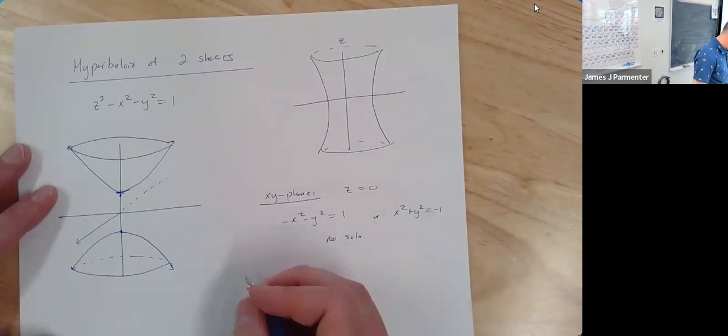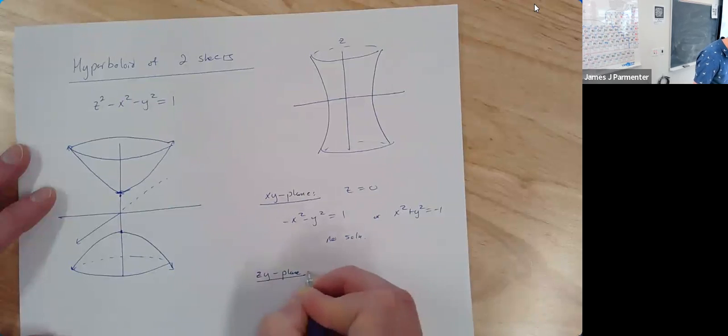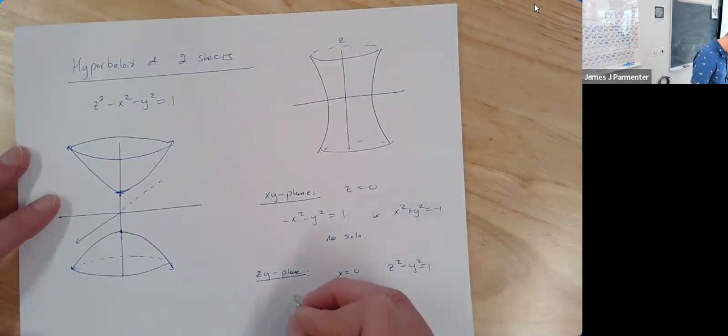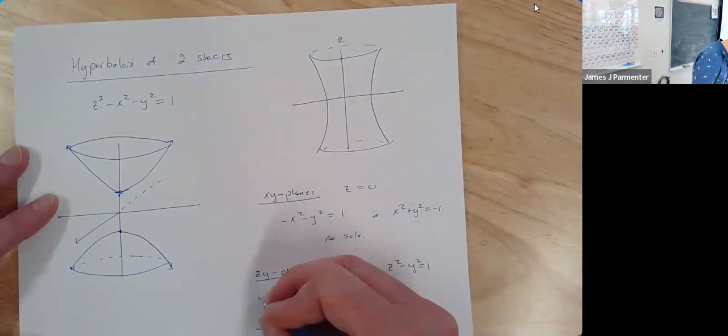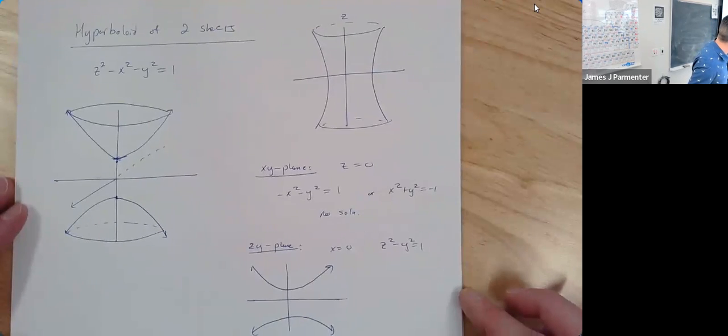And then, as mentioned before, in the YZ plane, the ZY plane, we would have x equal to 0. So you have z squared minus y squared equal to 1. So we're just getting that same shape. Sorry, I know that's not the best drawing I've ever done.